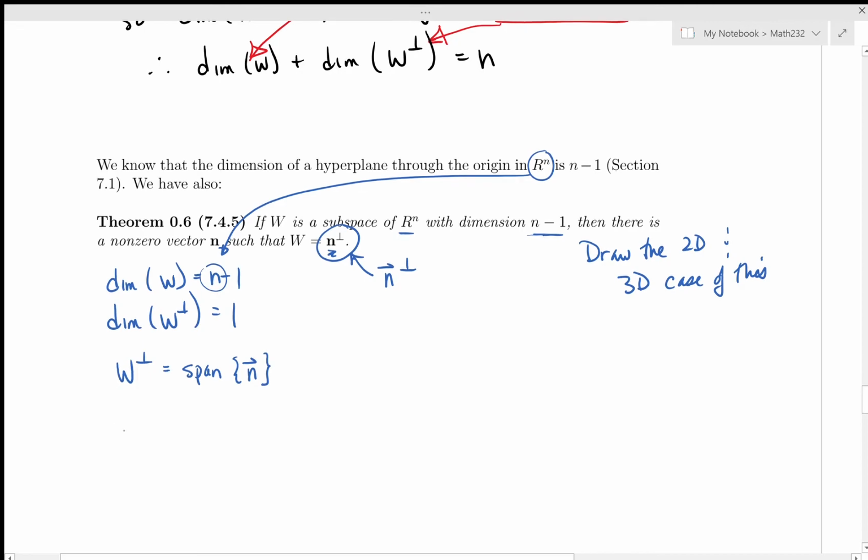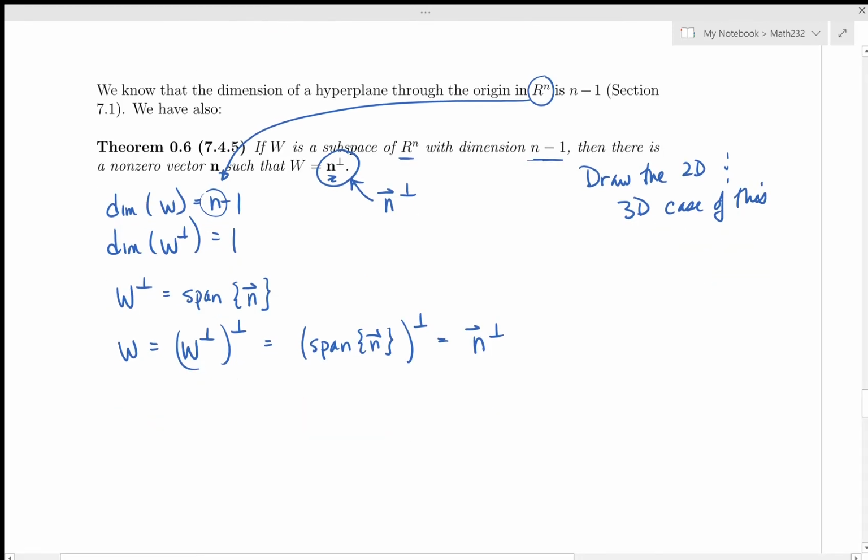And W is equal to the orthogonal complement of the orthogonal complement of W, we take the orthogonal complement again. That is the span of n, like that, and we take the orthogonal complement, and then we see that that is the orthogonal complement of n. So W is a hyperplane through the origin with normal n.